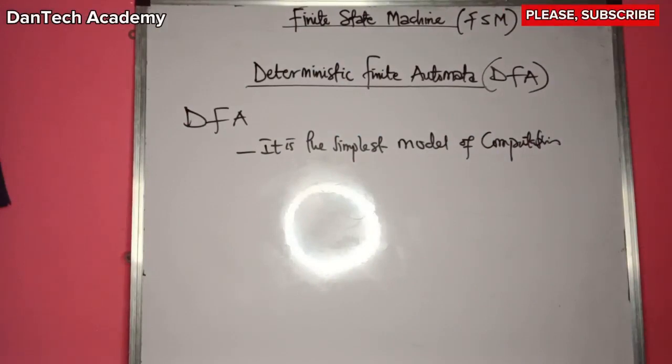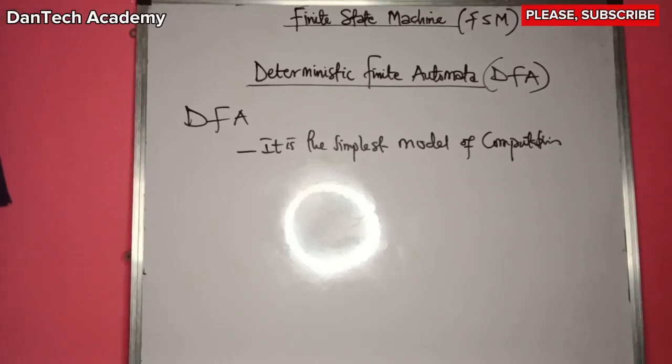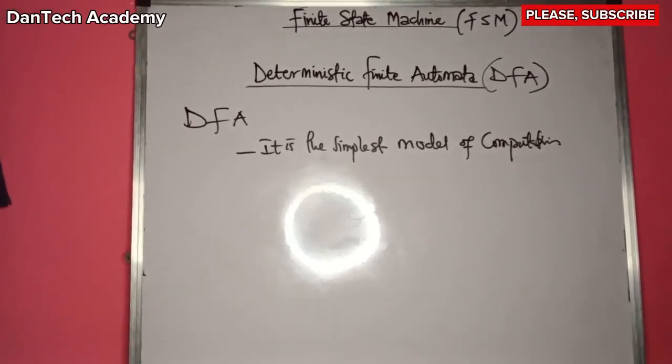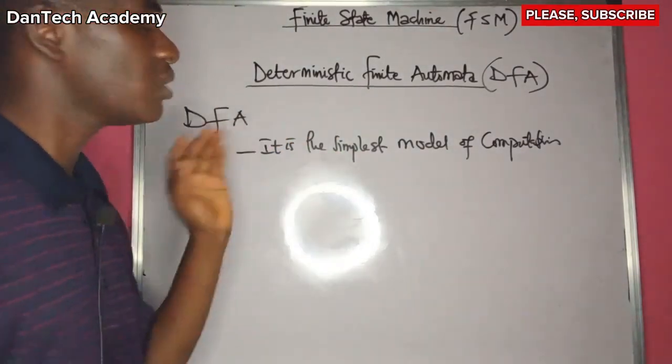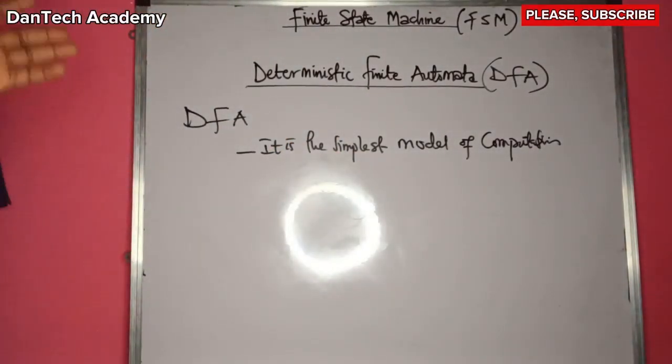Because when we are trying to make a decision to move to a particular state, the only possible state that is available at that moment is just one state, which is the next one. But in non-deterministic finite automata, it is not like that. We could have multiple states.